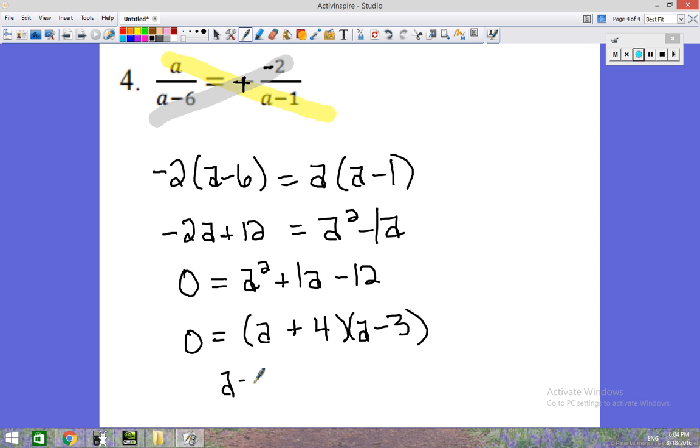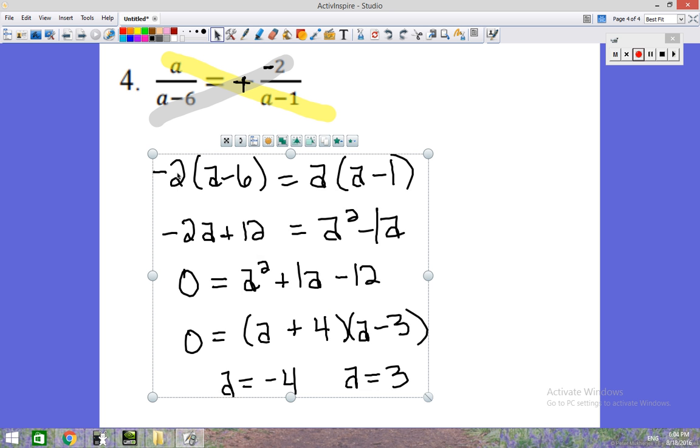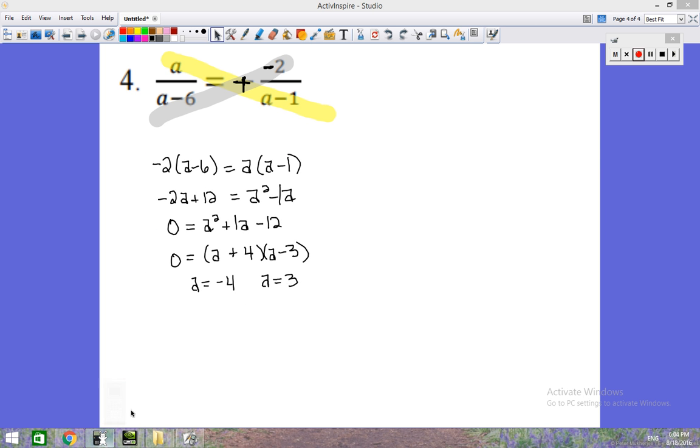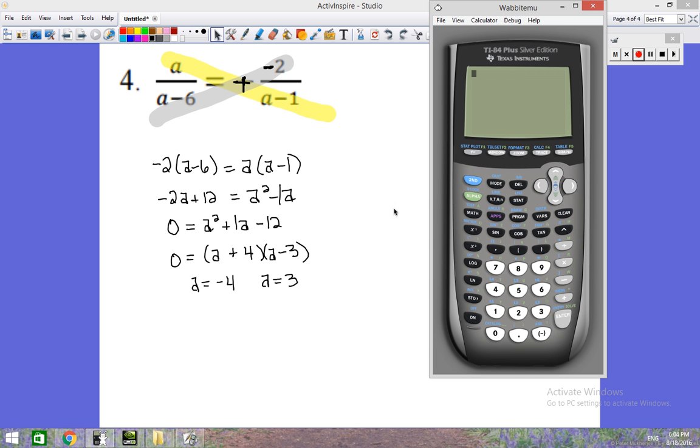Now, negative 4 and positive 3 are my possible solutions at this point. I'm not ready yet to declare them in the solution set until after I've checked them. And the technique tells me that I have to do that. Alright, so if I plug in negative 4 on the left-hand side, I have negative 4 divided by negative 4 minus 6, which is a negative 10.